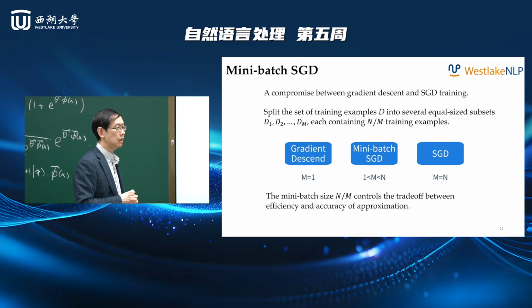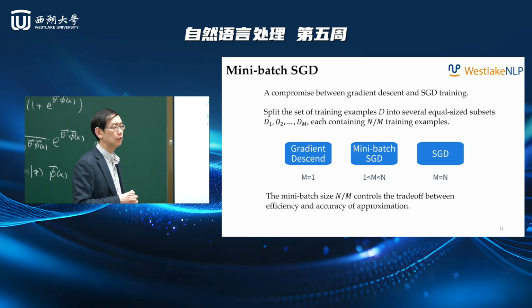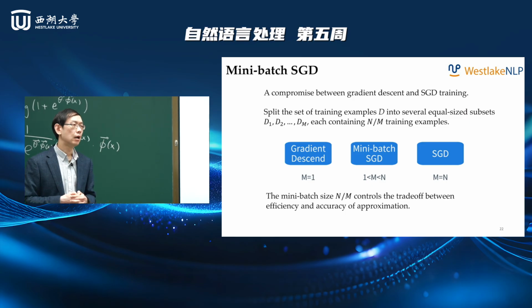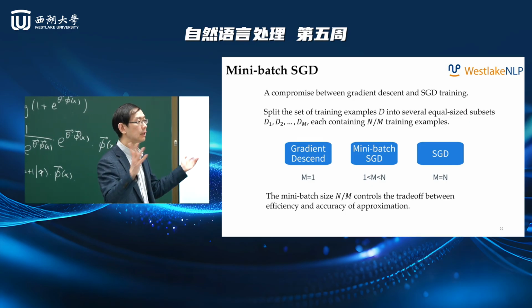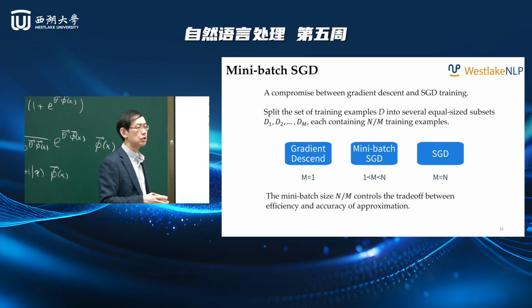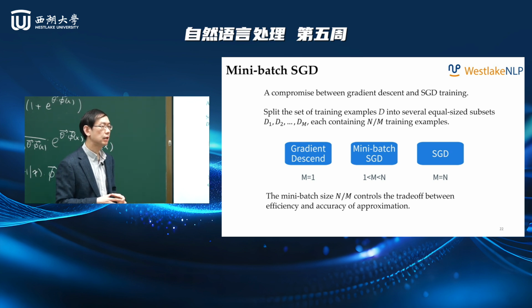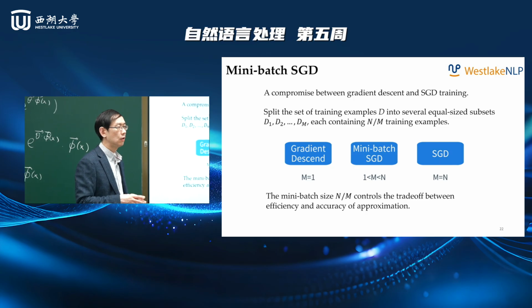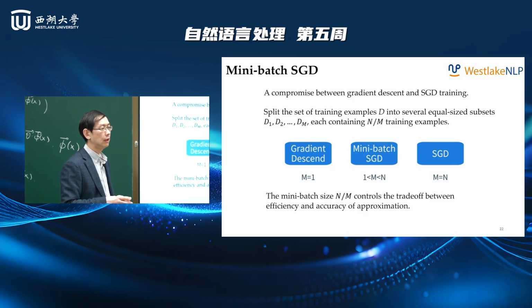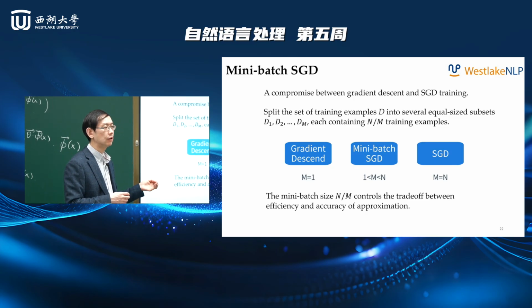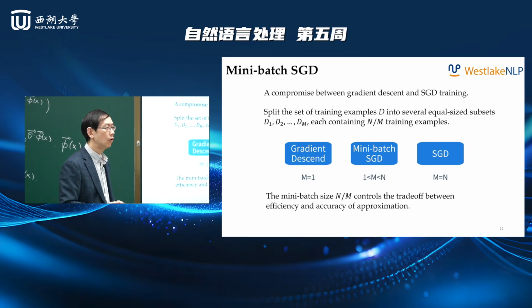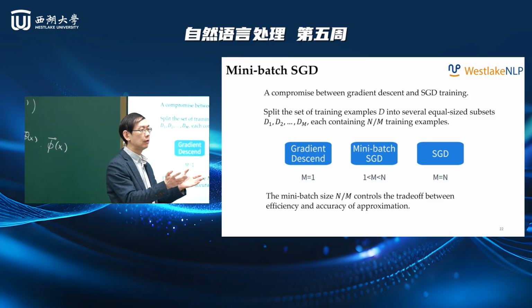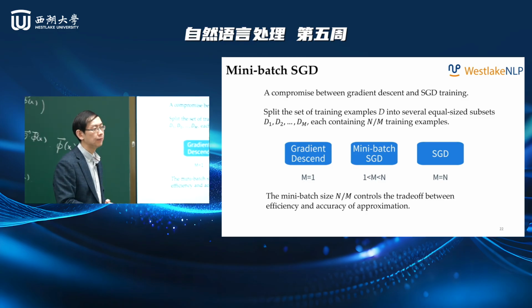So SGD approximates GD by doing an update after every one simple instance, right? GD updates after calculating the gradient over the whole data set. So mini batch SGD is something in between. We don't calculate the gradient over one instance. We don't calculate the gradient over all instances, but we calculate the gradient over a batch of instances, okay?